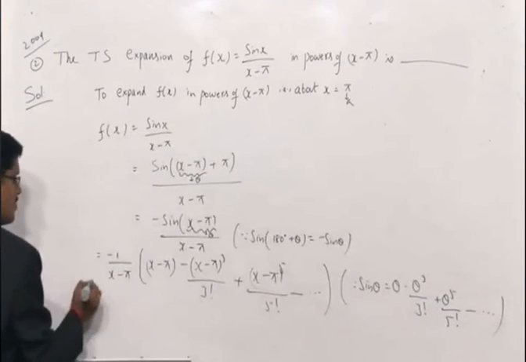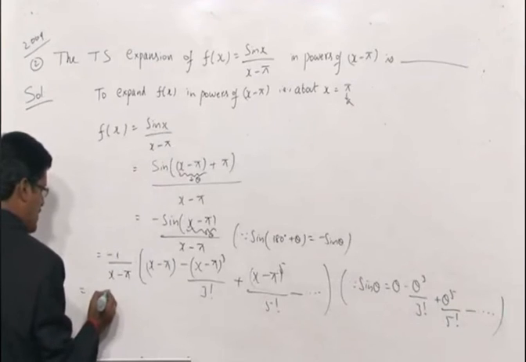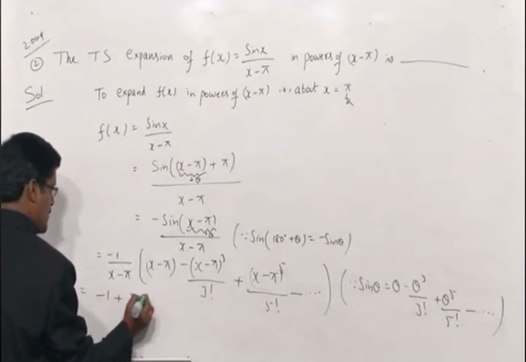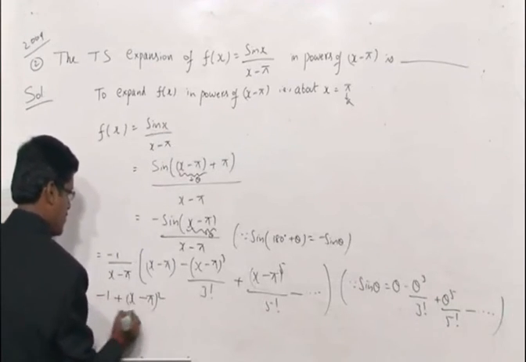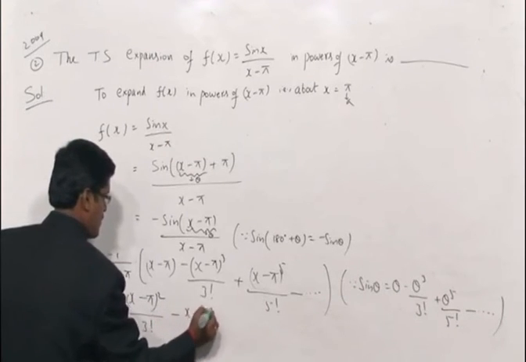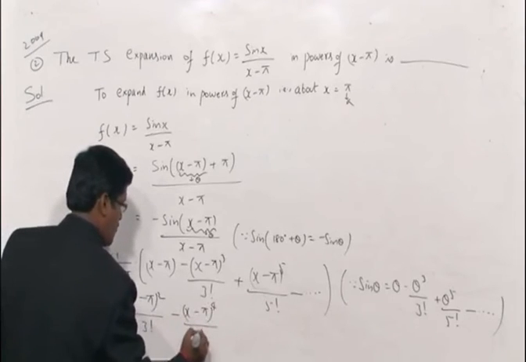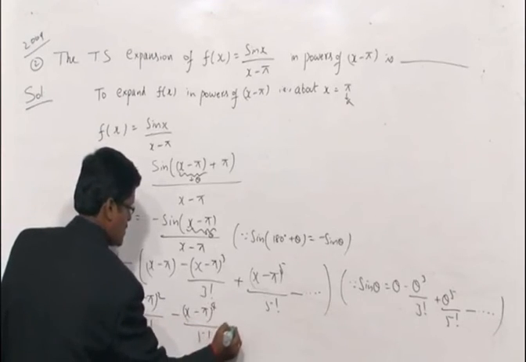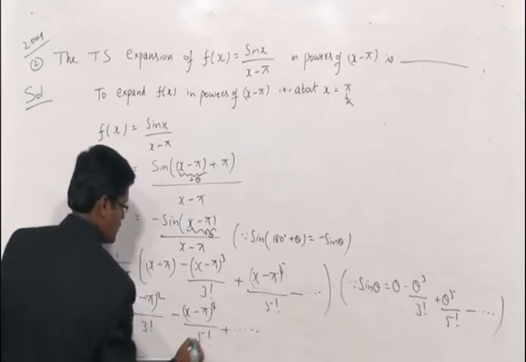Now multiply the outside term with the inside terms. That simplifies to minus 1 plus (x minus pi) whole square by 3 factorial minus (x minus pi) whole power 4 by 5 factorial plus so on.